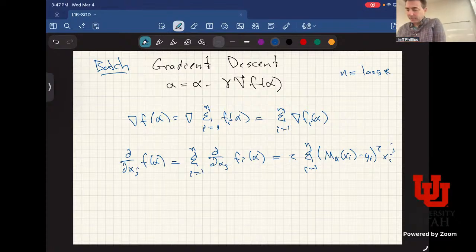So now I can write down in general that the gradient of f of alpha is 2 times the sum from i equals 1 to n.